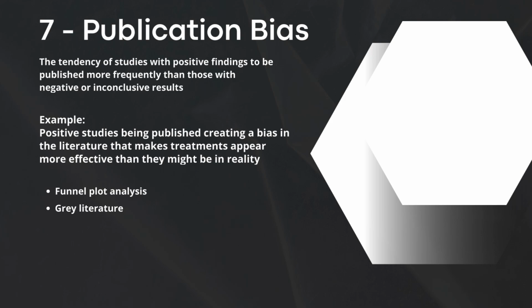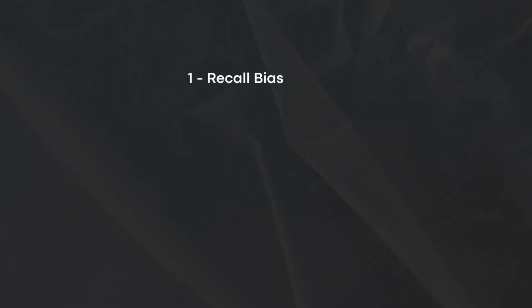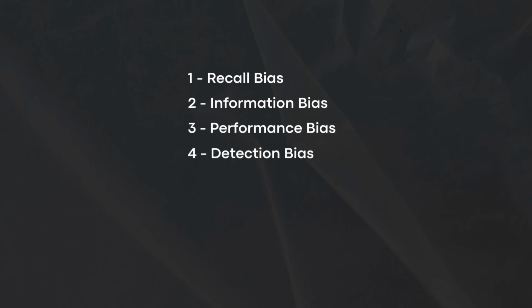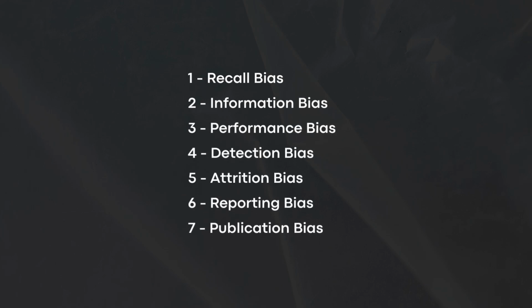So it has two sides, good and bad, because you are adding non-peer reviewed sources to the evidence. So it needs some sort of clinical judgment or critical appraisal view. So these are the seven types of bias with their subtypes that we can encounter in medical research.